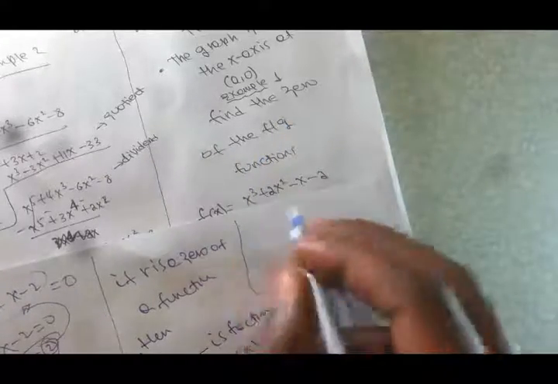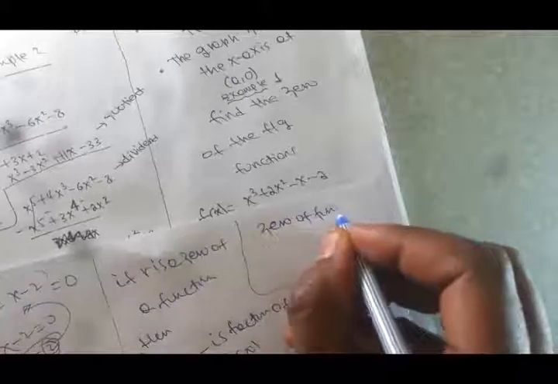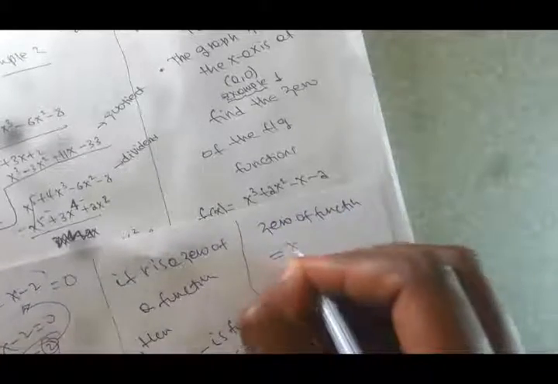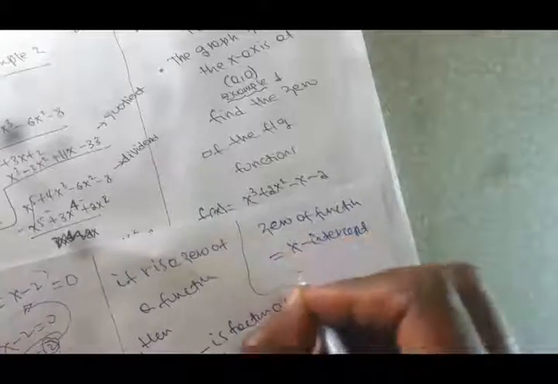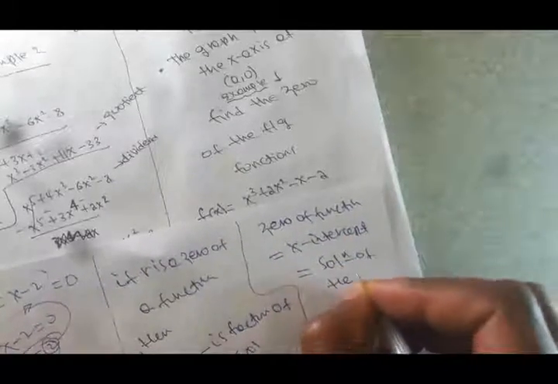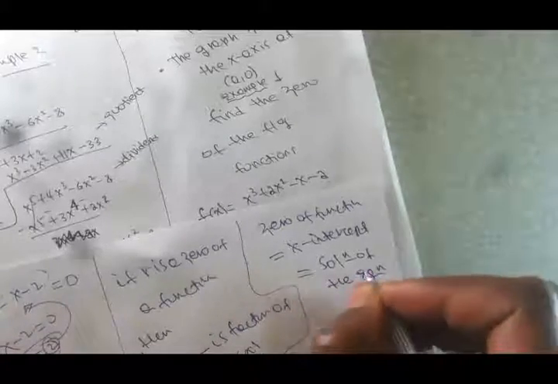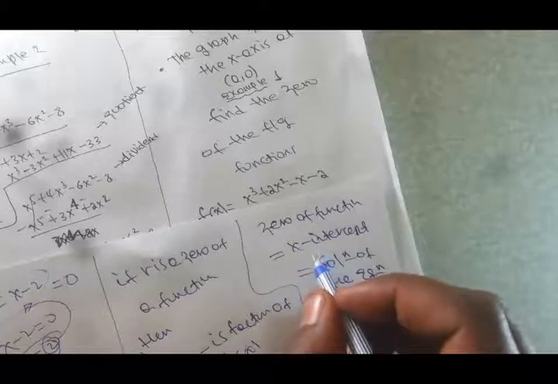And example 1 is asking us to find the zero of a function. When we say zero of a function, it is exactly the same as x-intercept, or exactly the same as solution of the equation. It has three equivalent meanings. So whenever we are asked to find the zero of a function, it is exactly equal to x-intercept or solution of the equation.